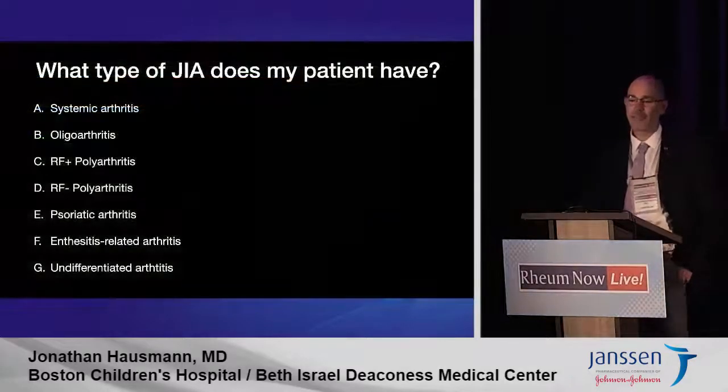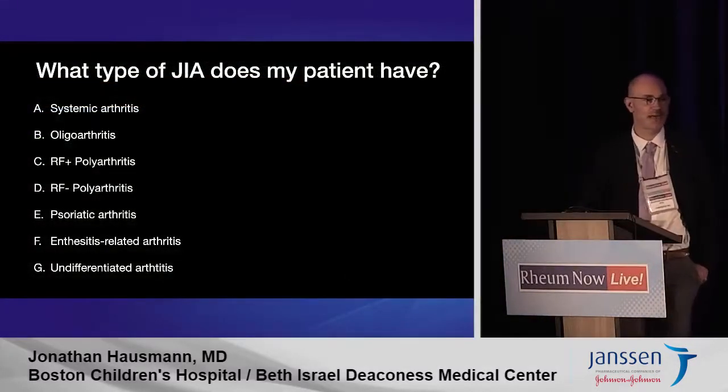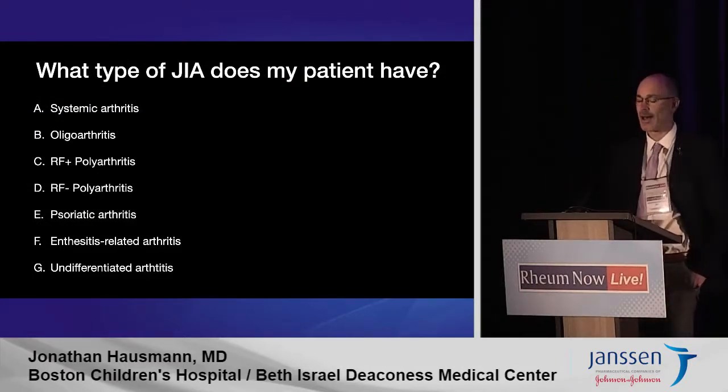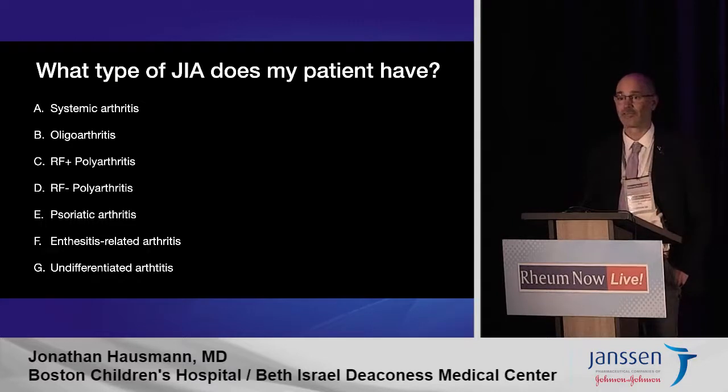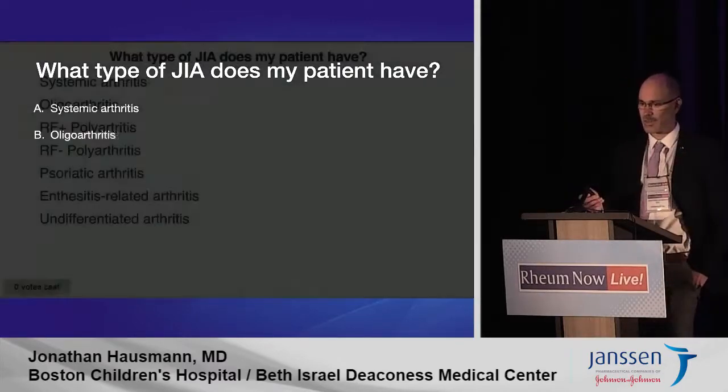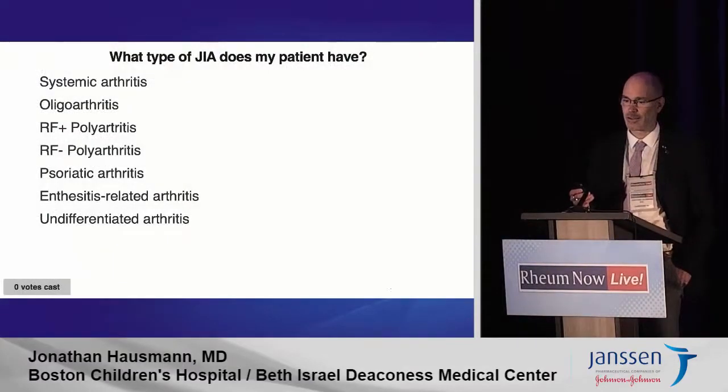And so what type of JIA does this patient have? Remember that she presented at age 4. She's had arthritis for 20 years. Initially, she had some fevers, rash, and arthritis. There's the poll.